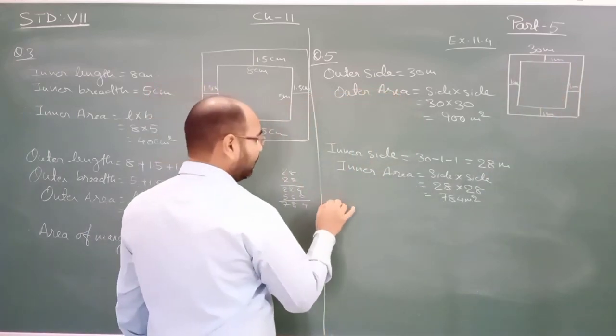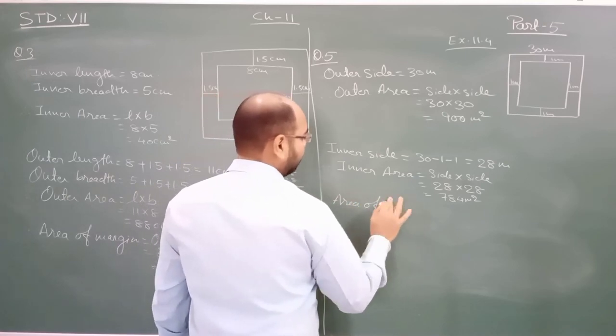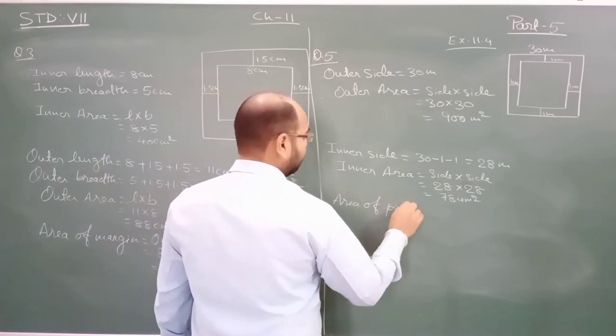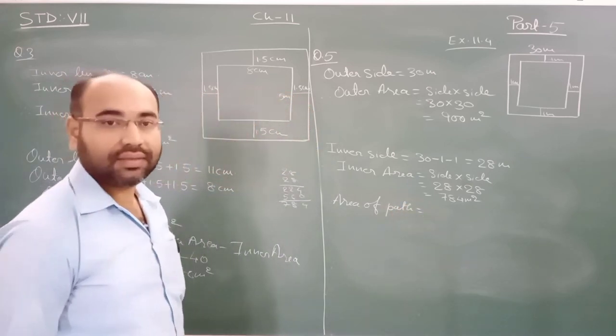अब क्या फाइंड आउट करना है, therefore area of path.